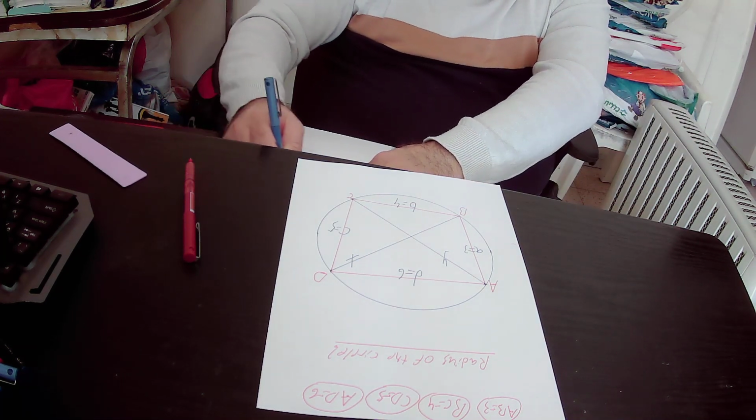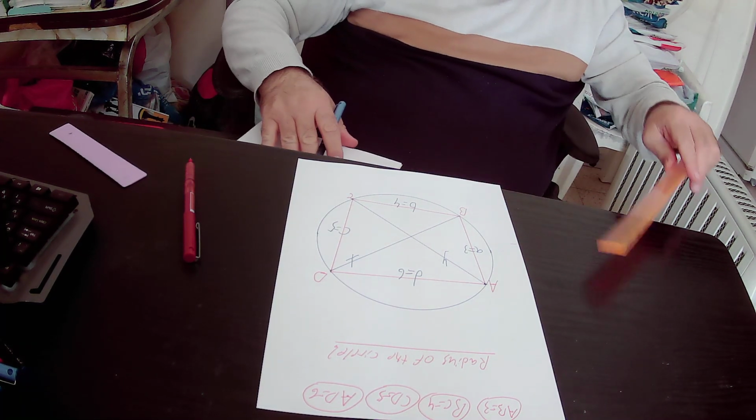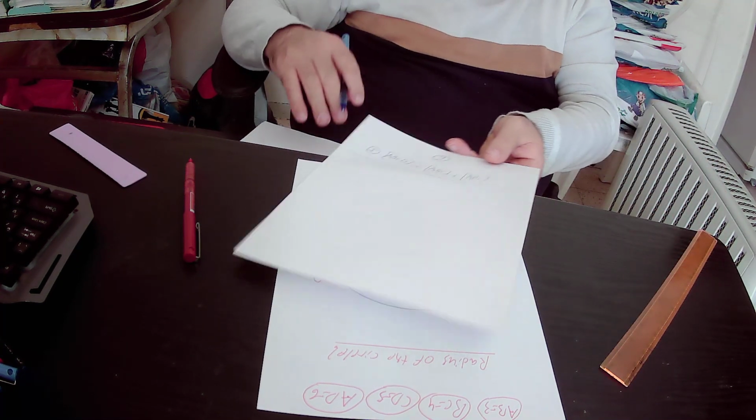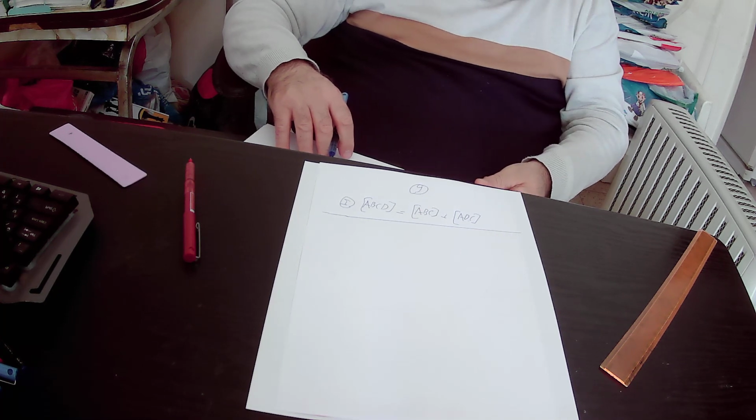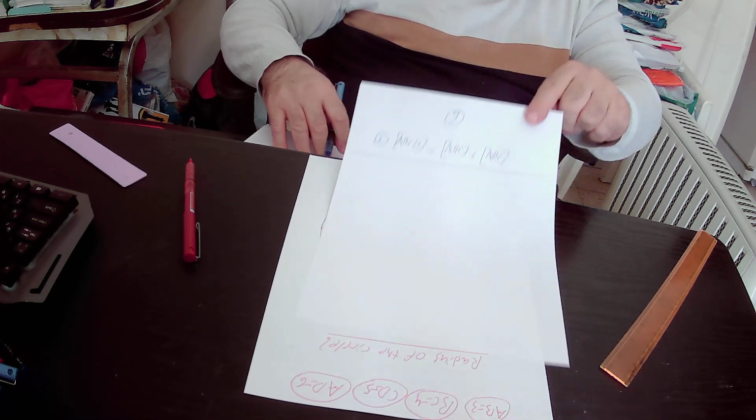Okay? So according to question number 1, the area of quadrilateral ABCD equals the area of triangle ABC plus the area of triangle ADC. Okay?